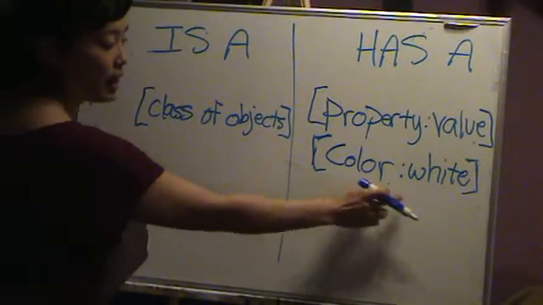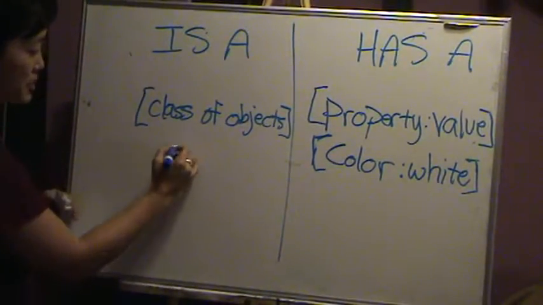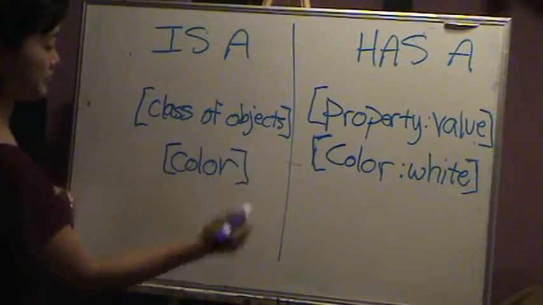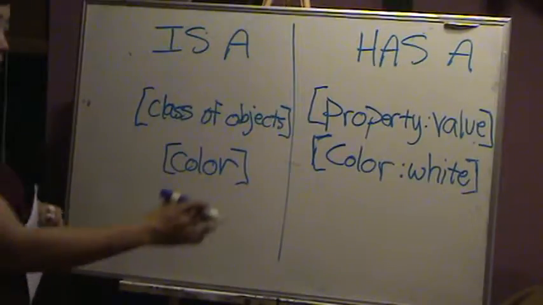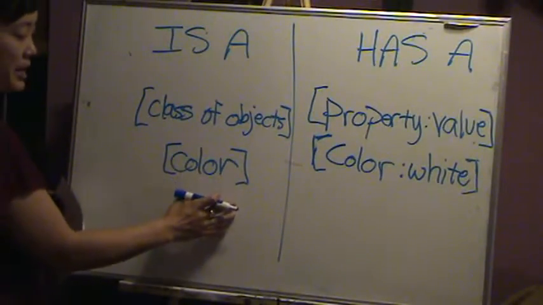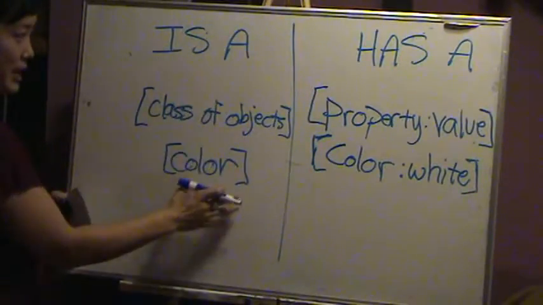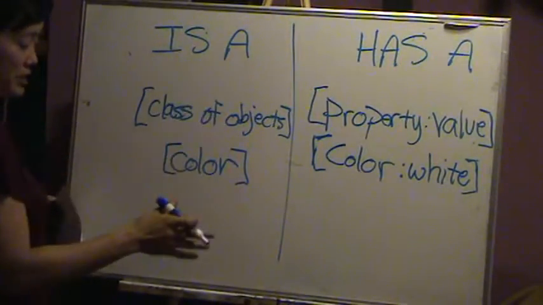With this example of color white, the class of objects would be color. And this type of object is on the right-hand side of the is a relationship.